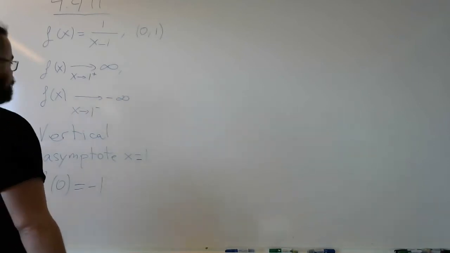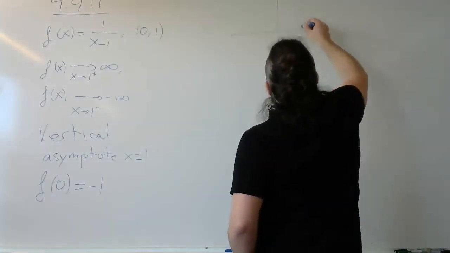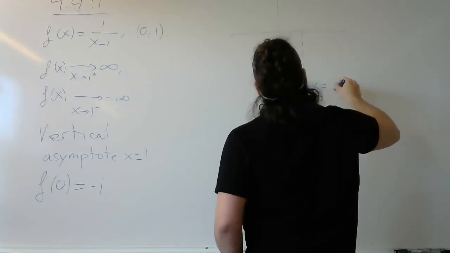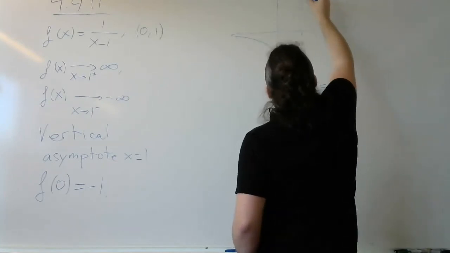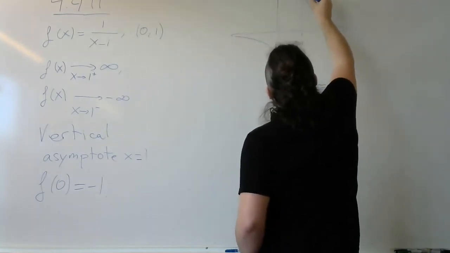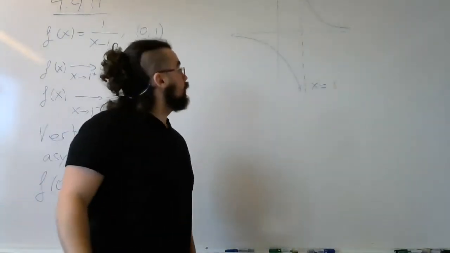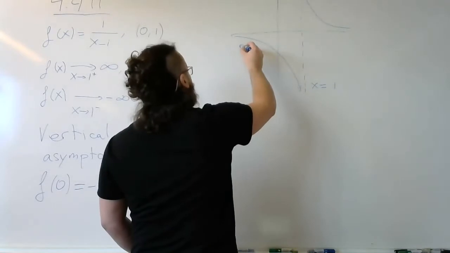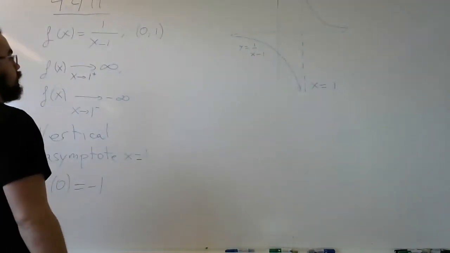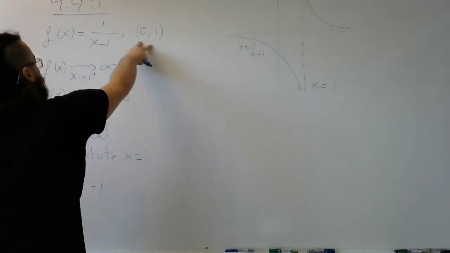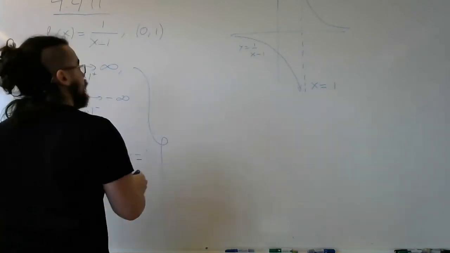Now, I could draw this function. It looks something like this. And here we already have all the information we need.